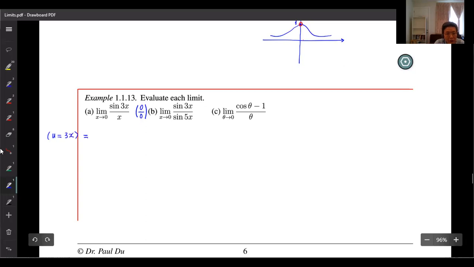So you treat 3x as a new variable. We want to change to the basic limit. Or maybe you can use theta, any letter is fine.